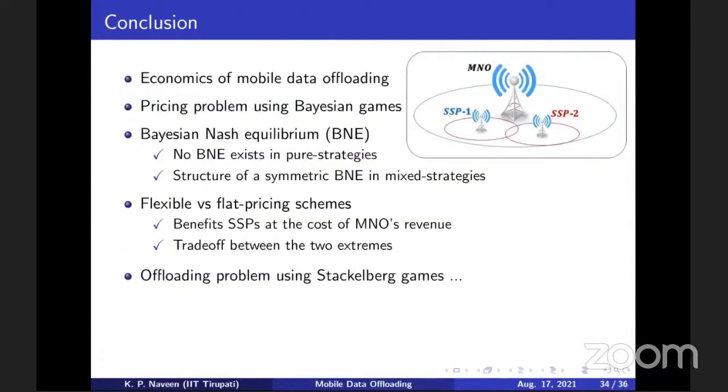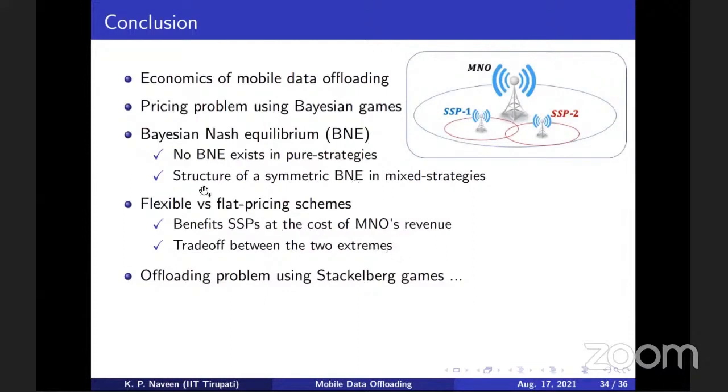Okay, yeah. So just to conclude, we are looking at this economics of data offloading. And essentially, we are using this framework of Bayesian games to formulate some interesting pricing problem. Our key results were to show first the negative result that there is no Bayesian Nash equilibrium in pure strategies. Then we went to mixed strategies, and we were able to characterize the structure of a symmetric Bayesian Nash equilibrium.